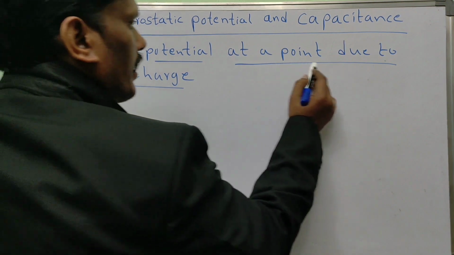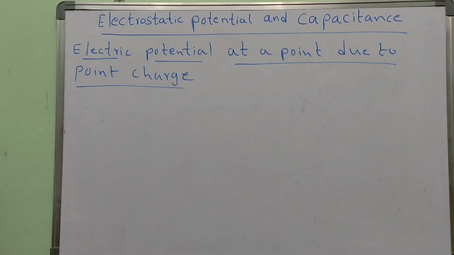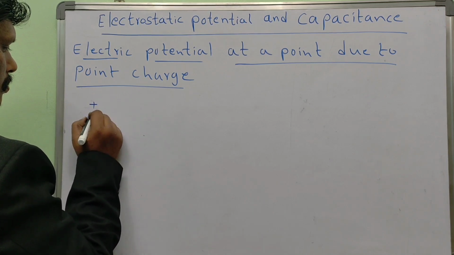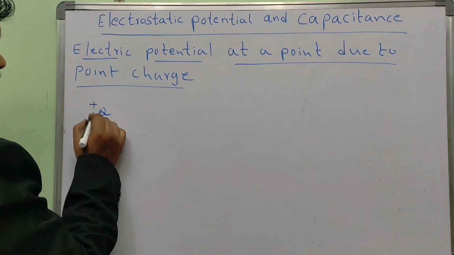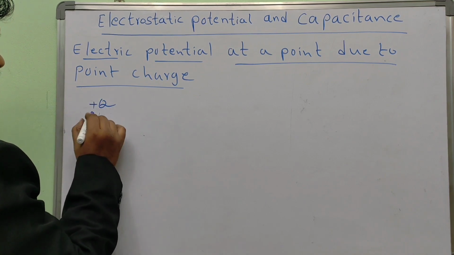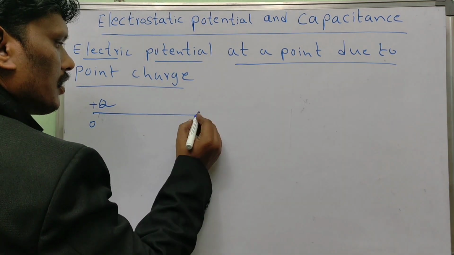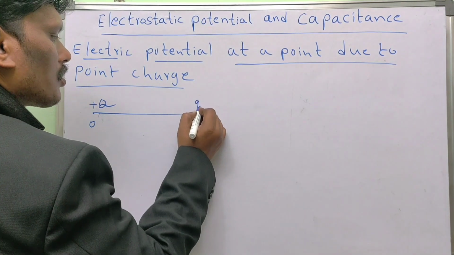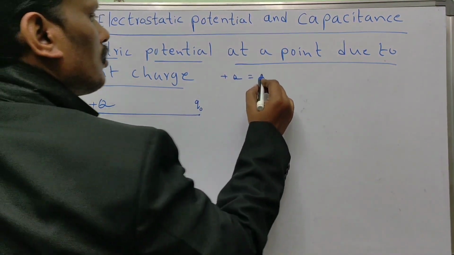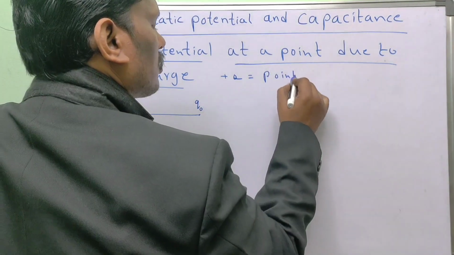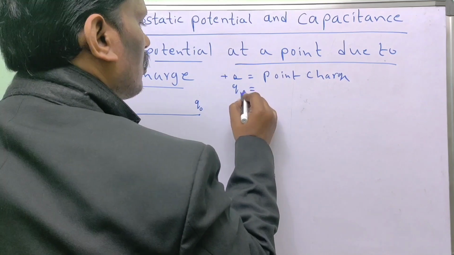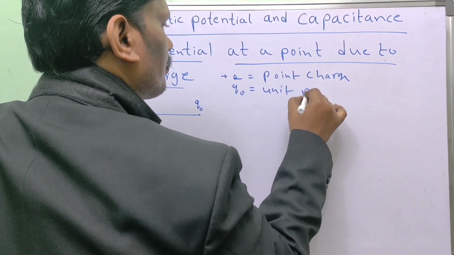Electric potential at a point due to a point charge. Here I am going to consider a point charge plus q which is at point O. I am going to imagine another unit positive charge q naught, where plus q is the point charge and q naught is the unit positive charge.